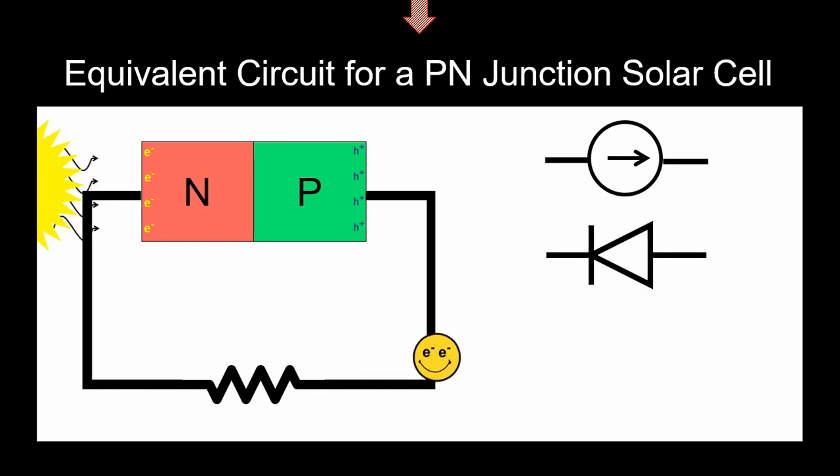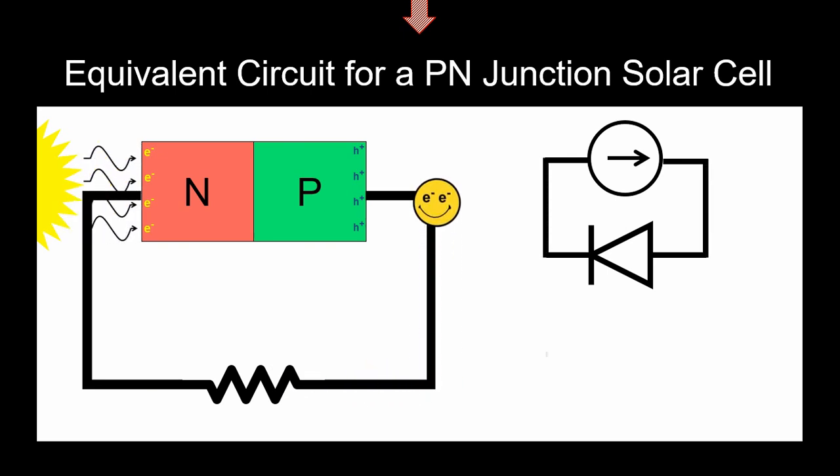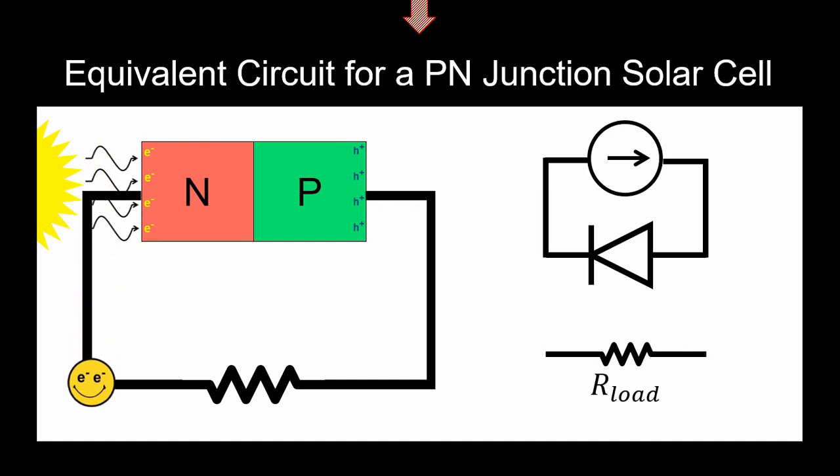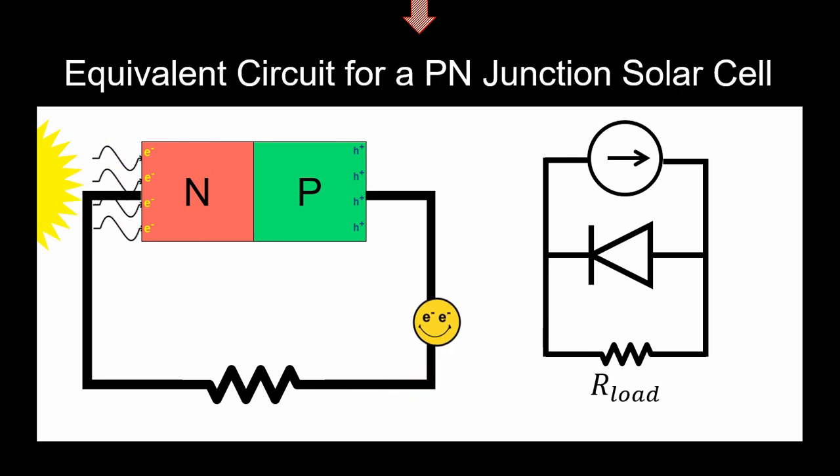Second thing we know, it is a PN junction diode, that also we need to put there. And we also have a load resistance that should also be there. And once we connect all these three components, our basic equivalent circuit for this PN junction solar cell is complete.